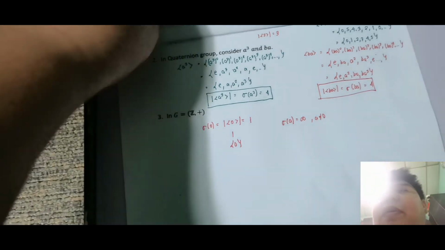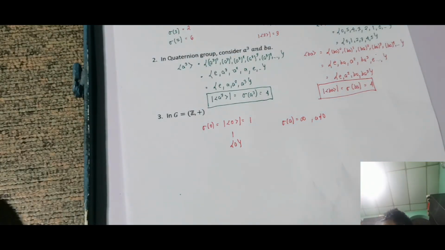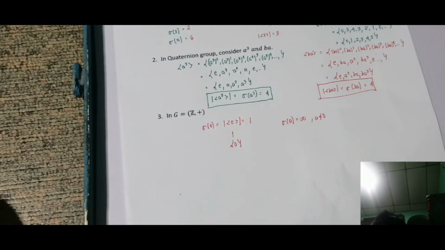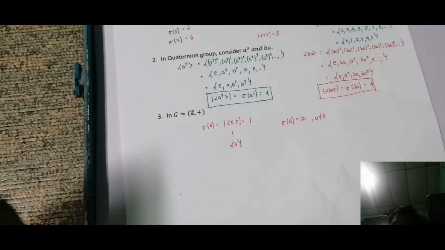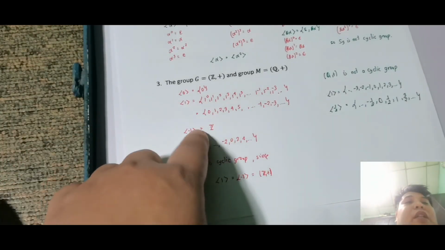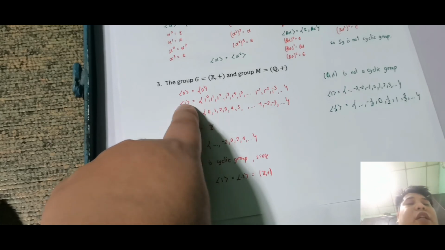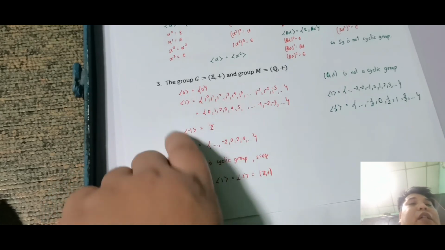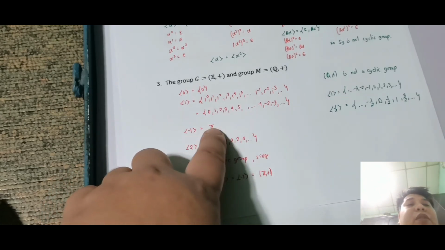So sir, paano mo nasabi positive infinity? So from previous example, kung napansin nyo, hanapin ko yun, nasan ba yun? Hanapin ko, ito. G comma plus, no? Kung napansin mo, kada element na generate natin, kunwari cyclic subgroup generated by 1, infinity yan. Cyclic subgroup generated by negative 1, infinity.